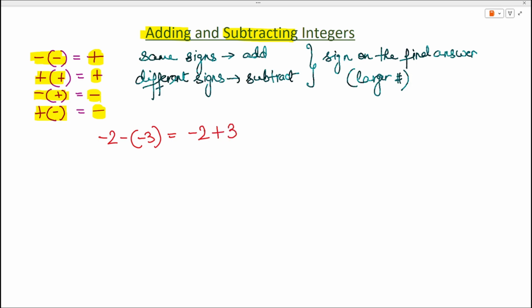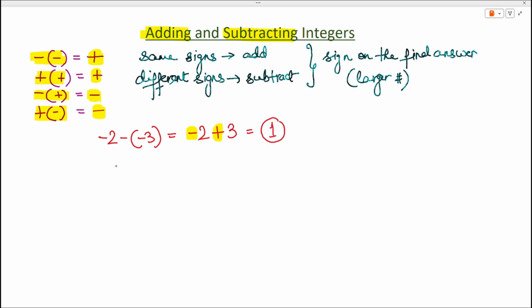Now there's a negative 2 and there's a positive 3. You can see the signs are different, so we'll simply subtract. 3 minus 2 is 1, and the sign is whatever is present on the larger number. 3 is positive, so the final answer is going to be positive.